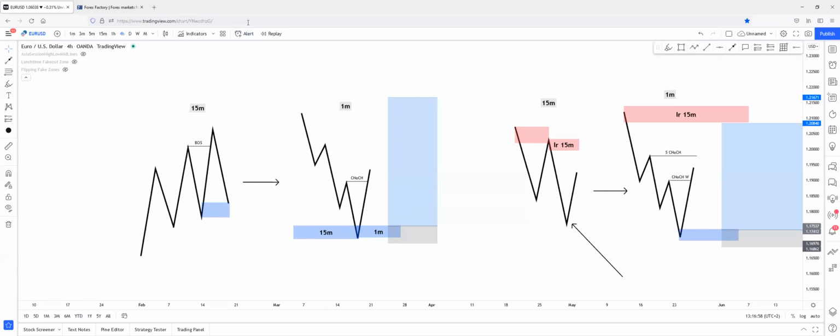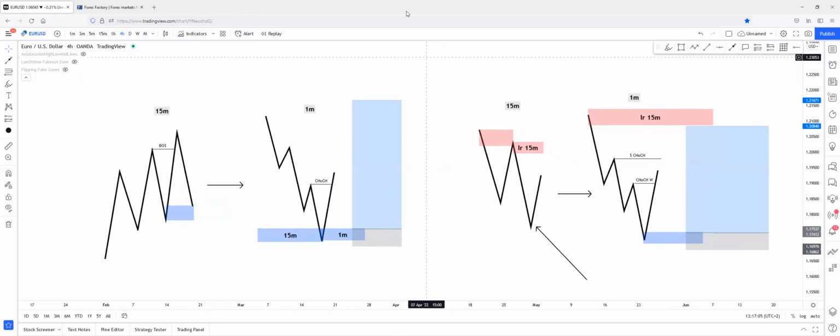Let me put this in perspective again. After this session, I would like to ask you to watch the webinars because these are being explained in the webinars every single time. But I will tell you once again, if price steps into a 4-hour zone, you will have to wait for a 15-minute change of character. If price steps into the 15-minute zone, which has been refined from a 4-hour zone, you still have to treat that 15-minute zone as a 4-hour zone, so you have to wait for a 15-minute change of character.